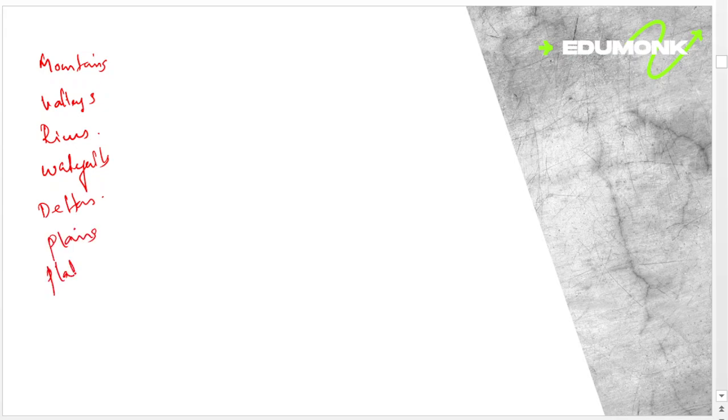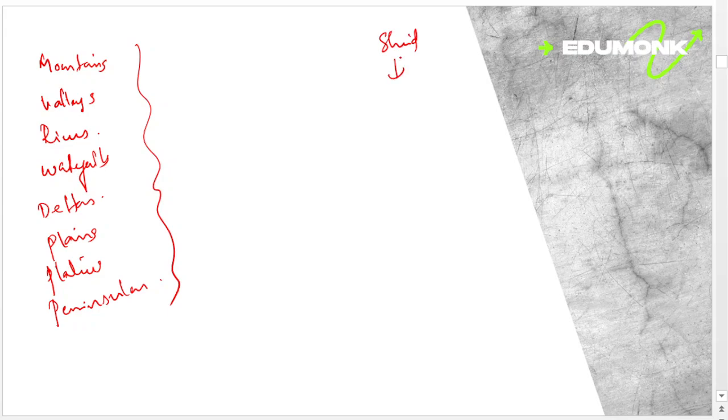Then in the world there are different kinds of physical features. It can be mountains, valleys, rivers, waterfalls, deltas, plains, plateaus, peninsulas. These are formed in different ways. In the initial stage, the shield is formed.